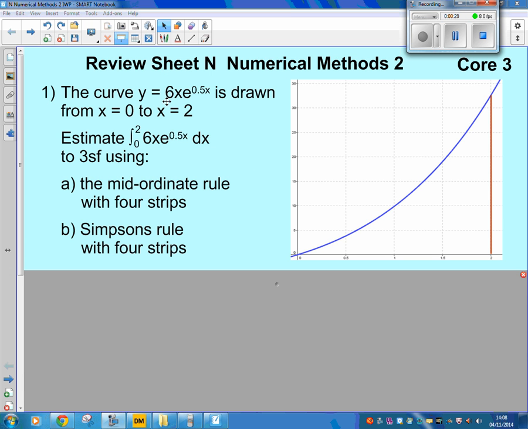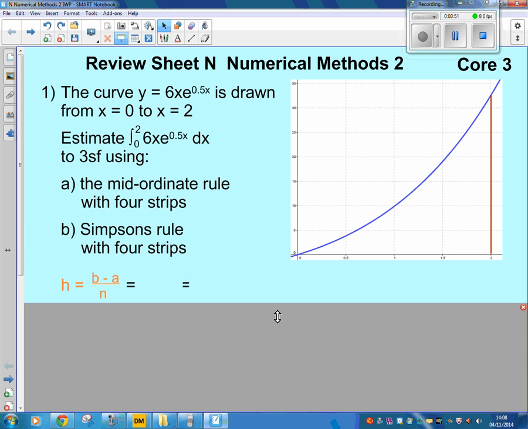In the first case here, y is 6x e to the 0.5x, and that is the blue curve, and you're being asked to estimate the area under that curve between 0 and 2. So the first thing we need to do is to work out the width of each strip. You'll notice in both cases I've said 4 strips, so I'm keeping that the same.